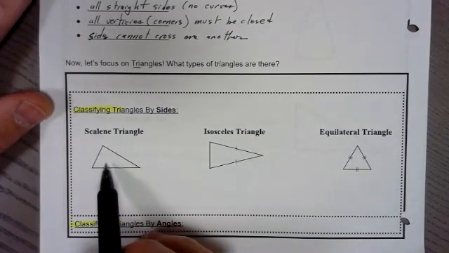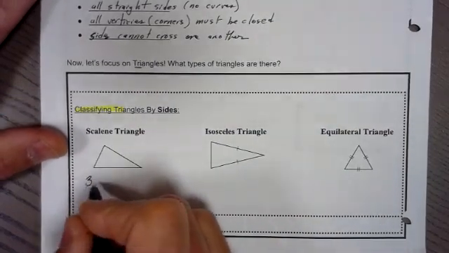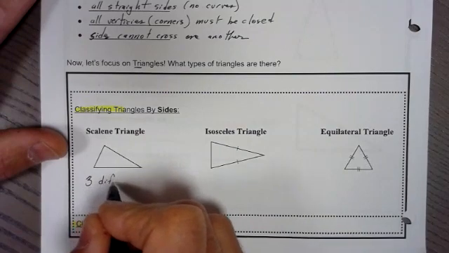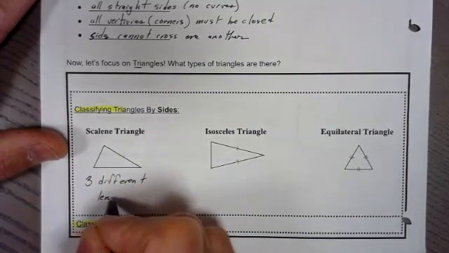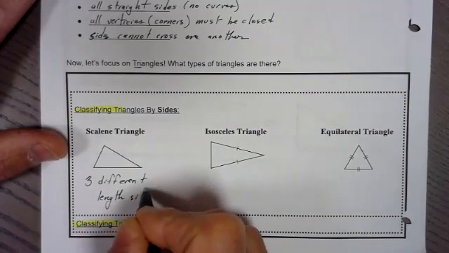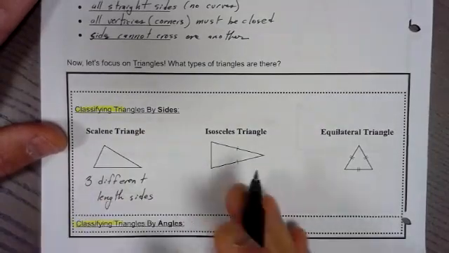A scalene triangle, this word's pronounced scalene, is a special triangle that has 3 different side lengths. Every single one is going to be different. You can't have any of them the same.